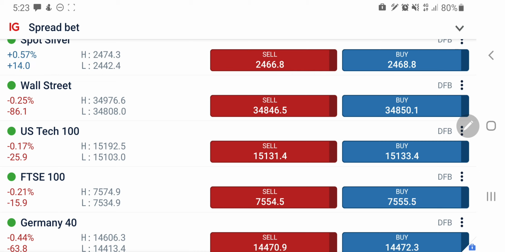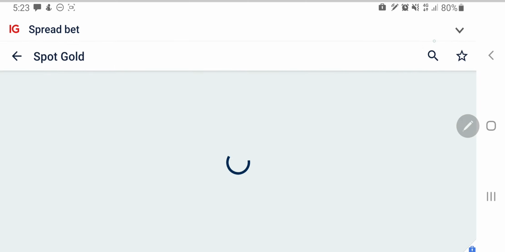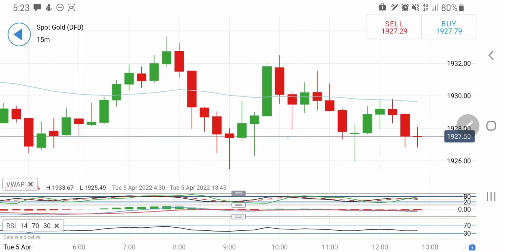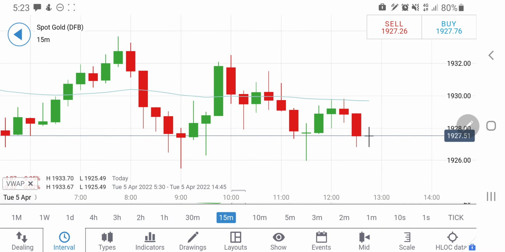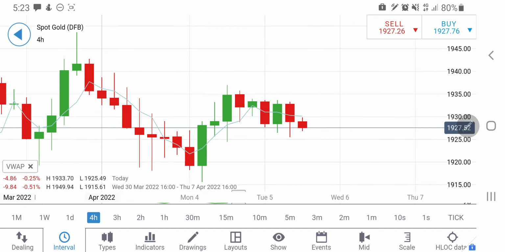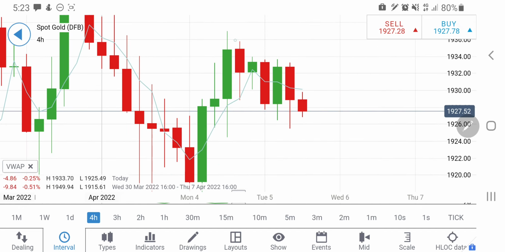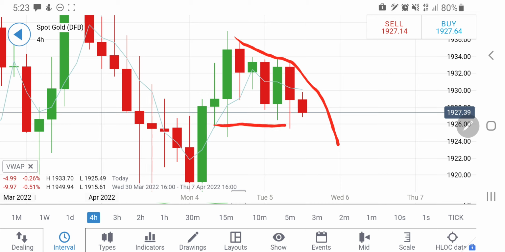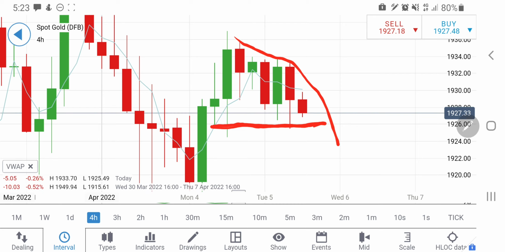Now let's start the day with gold first. Gold right now is trading at 1927 levels, and if you look at the charts here, let me directly jump into the 4-hour charts first. On the 4-hour chart it is giving a slope here, and right now, as I always say, if you see it trading below 1926, because 1926 is trying to provide a little support here, the next destination is going to be towards 1920 levels.